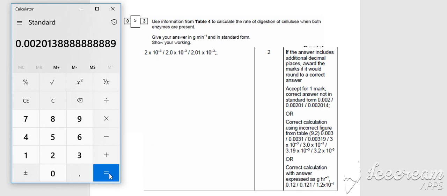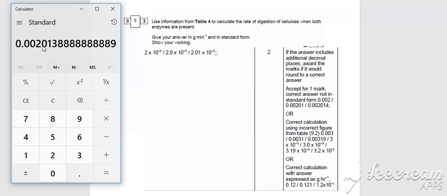In order to express our answer in standard form, we move our decimal place 1, 2, 3, which gives us our answer of 2.0 times 10 to the minus 3, or just 2 times 10 to the minus 3, or 2.01 times 10 to the minus 3.